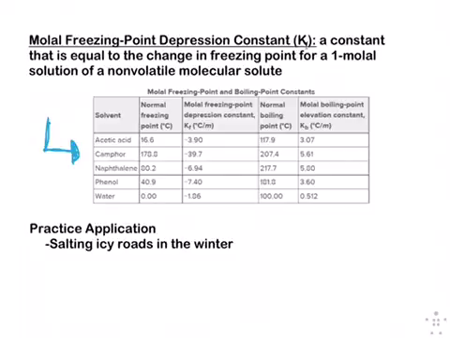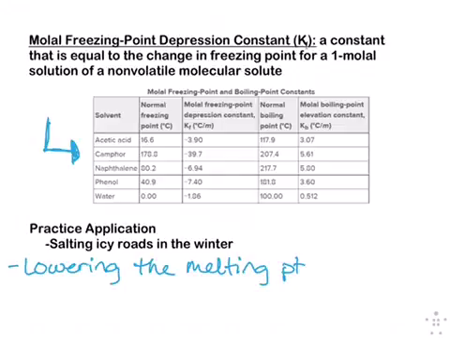why do we salt the roads in the winter? Don't give me the standard, oh, so it's not so slippery. Scientifically speaking, what does putting salt on the roads do? It lowers the freezing point. And so by lowering the freezing point, we're also lowering the melting point, because we would prefer for ice to be melted and not solid.